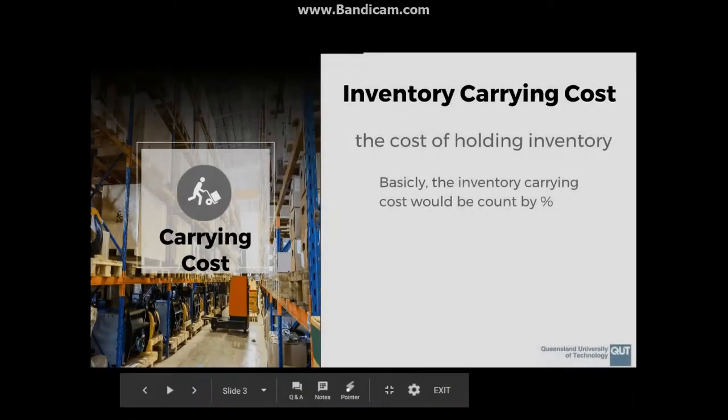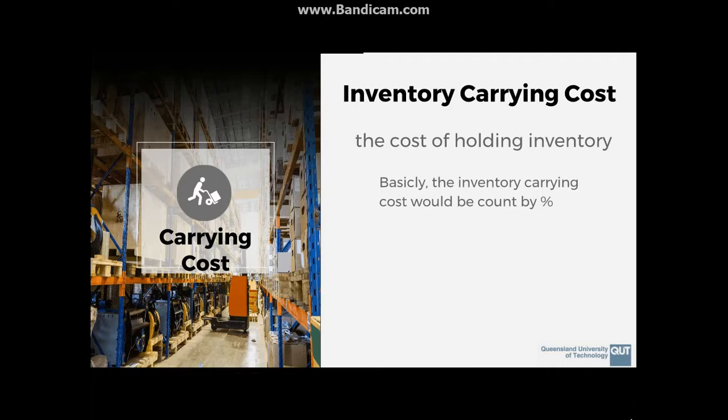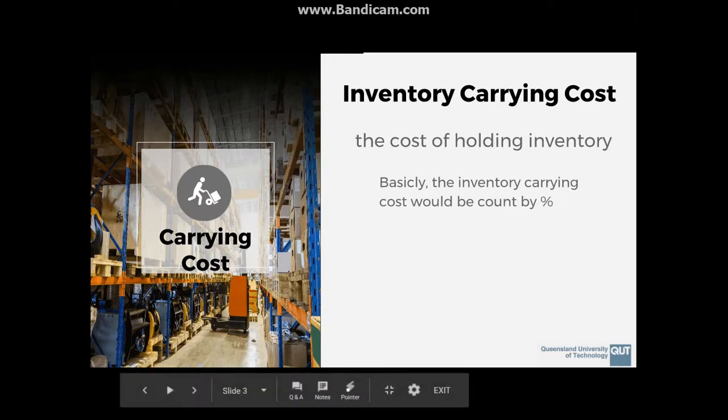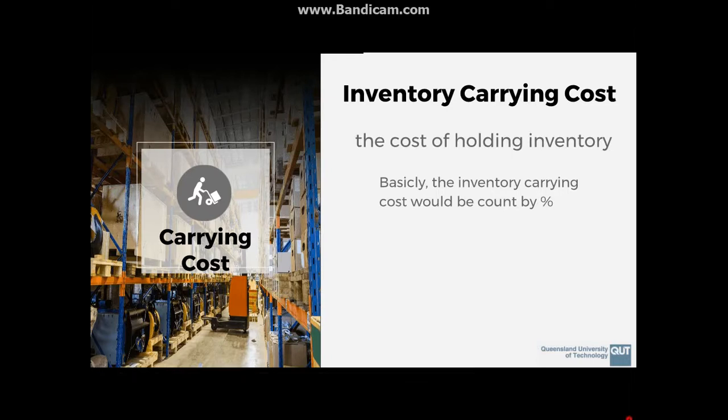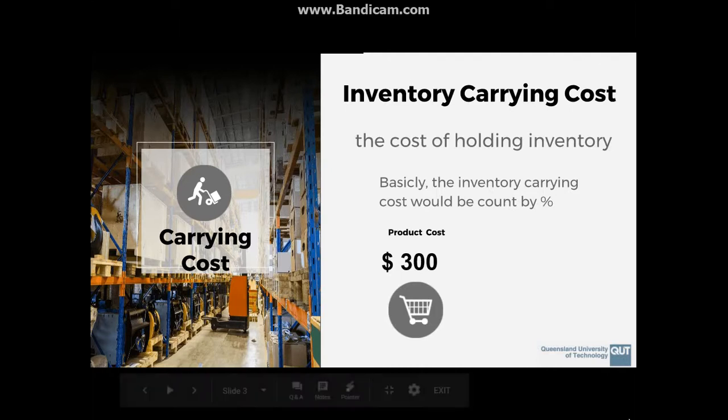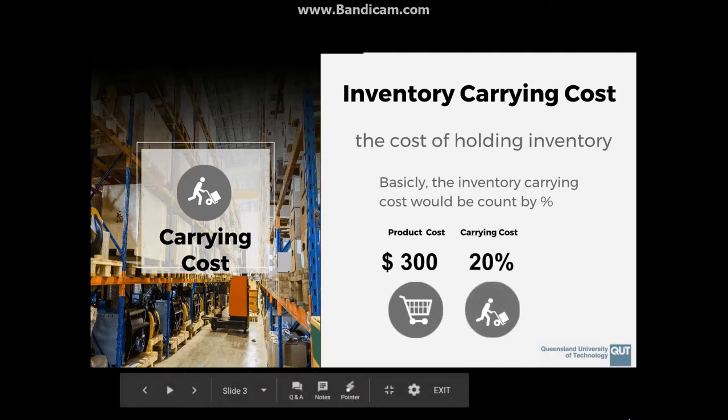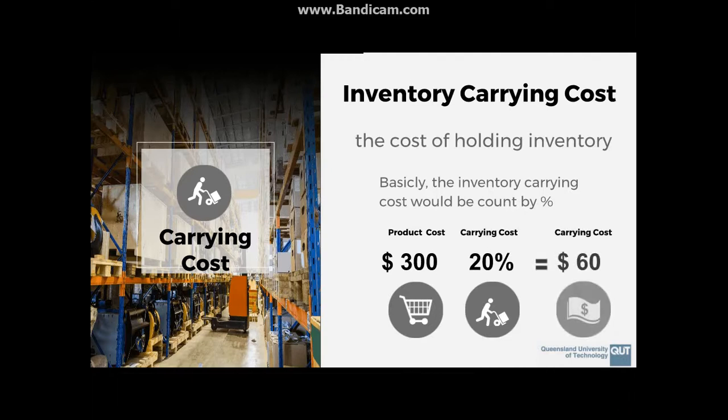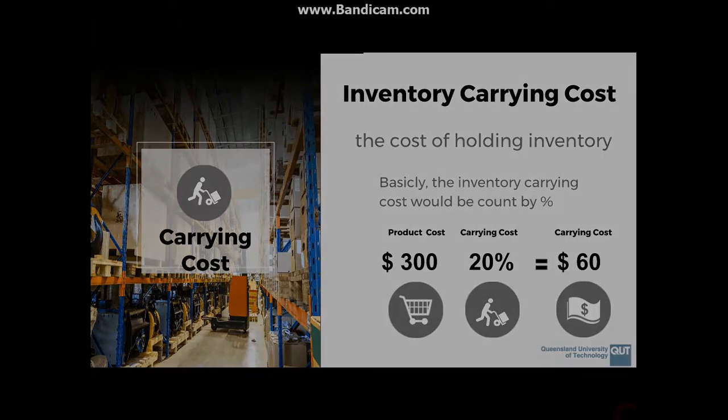So first, what is inventory carrying cost? It is the cost of holding and maintaining inventory that is not being sold in your warehouse. Basically, the inventory carrying cost is counted as a percent. For example, if the item costs $300 and the carrying cost is about 20%, that will result in about $60 of inventory cost.